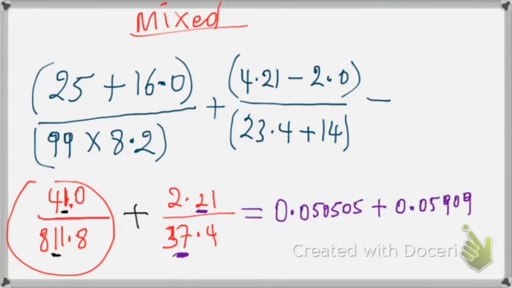The bottom one is also 2. Therefore, the answer should have 2 significant figures. I underline here. That's 2. Now the next one is also division. I count the number of significant figures. 2.21, I stop where I underlined, so that's a 2. And the bottom one, that's a 2. I also stop right here.